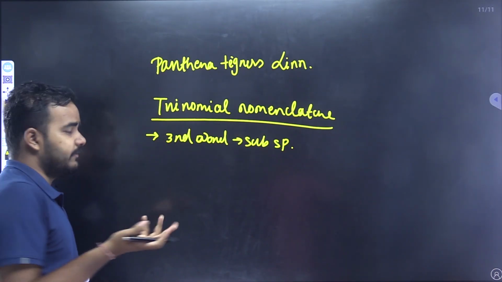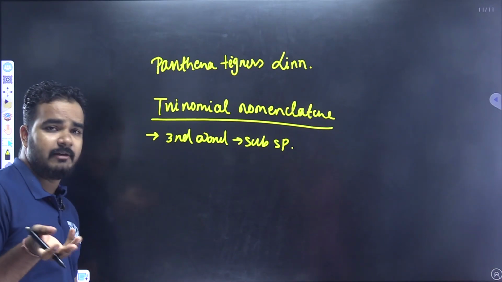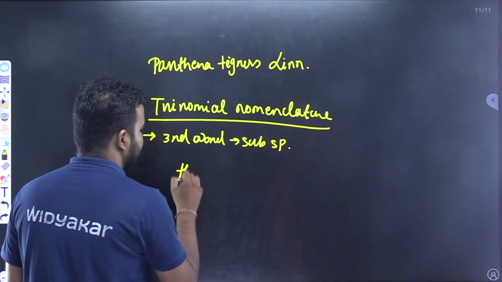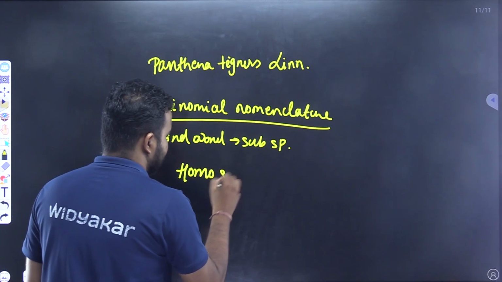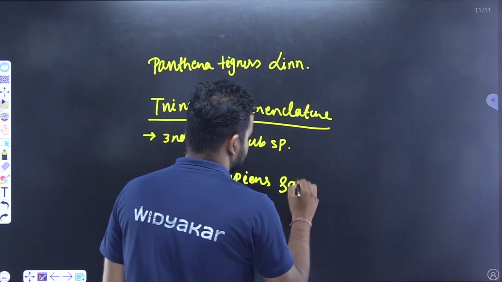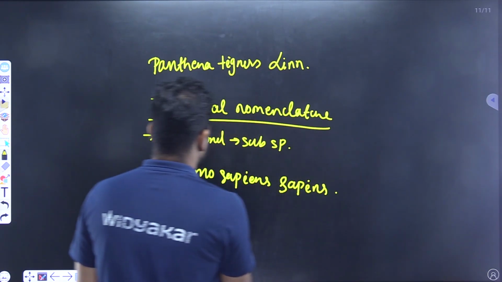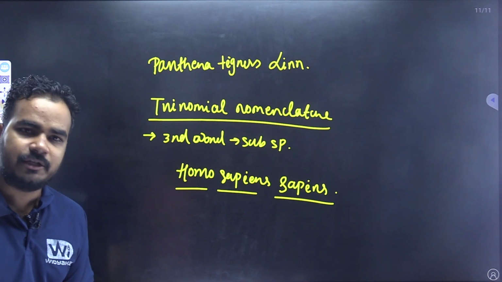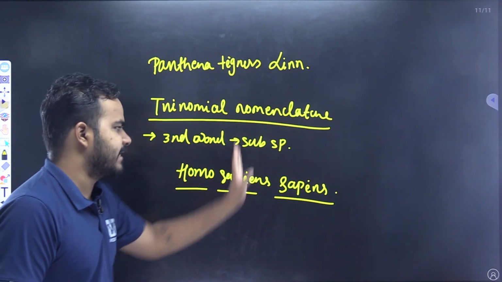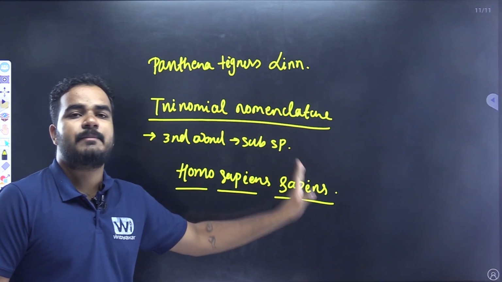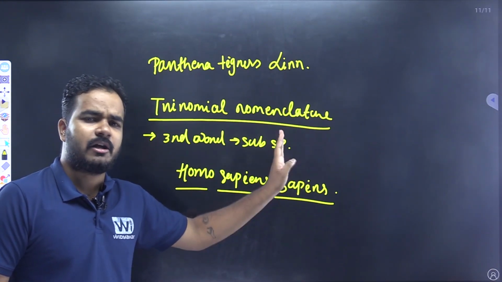For example, the scientific name of the human being is Homo sapiens sapiens. This is the genus, this is the species, and this is the subspecies of that particular organism, the human being.